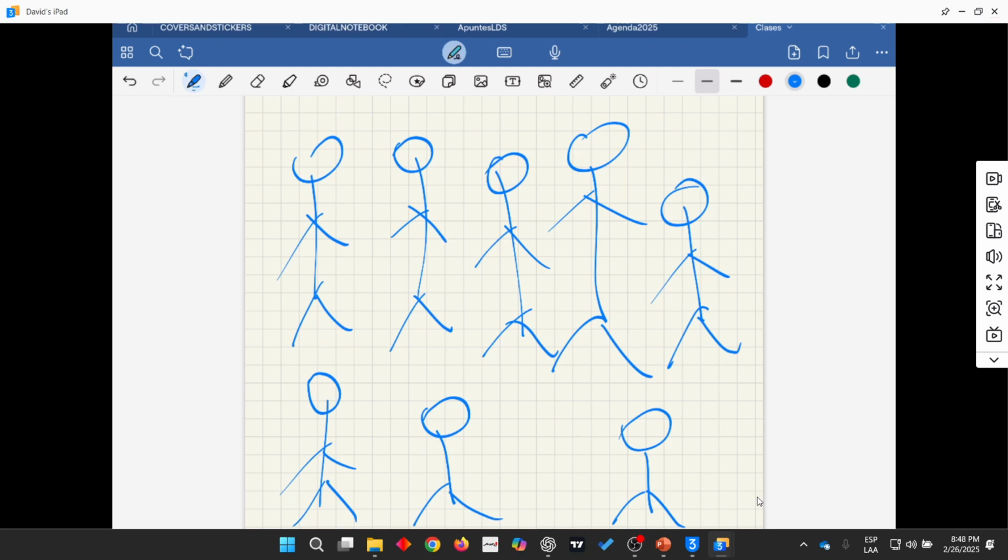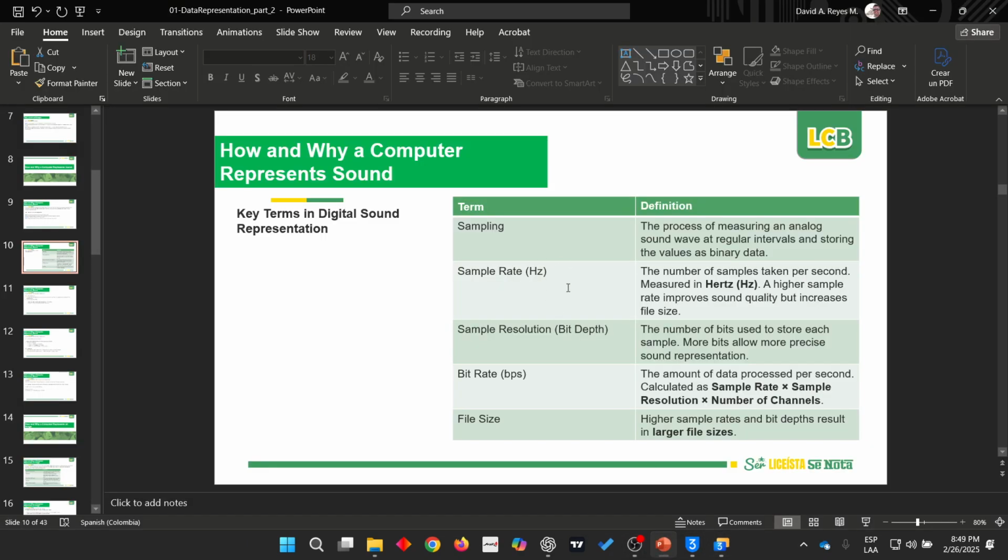So the more pictures I am taking in this recording, the better the quality is going to be. Okay, that is sample rate.